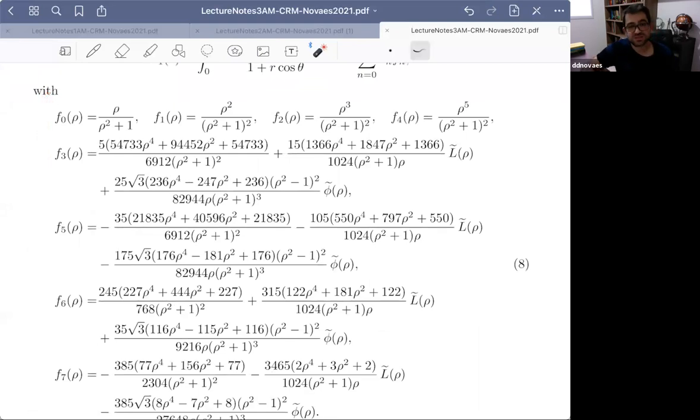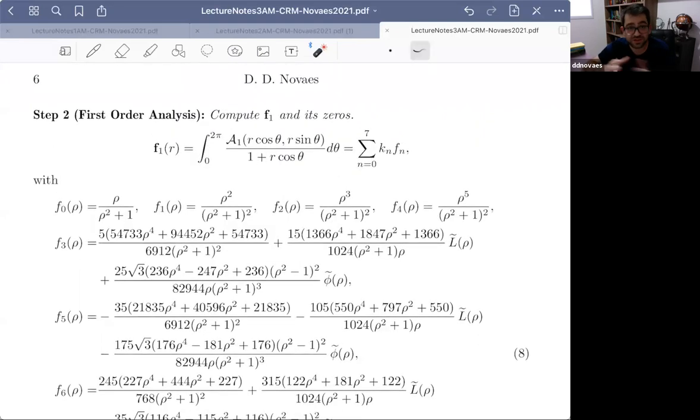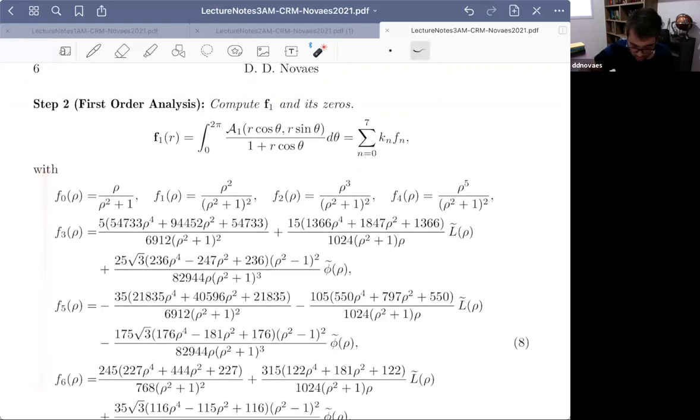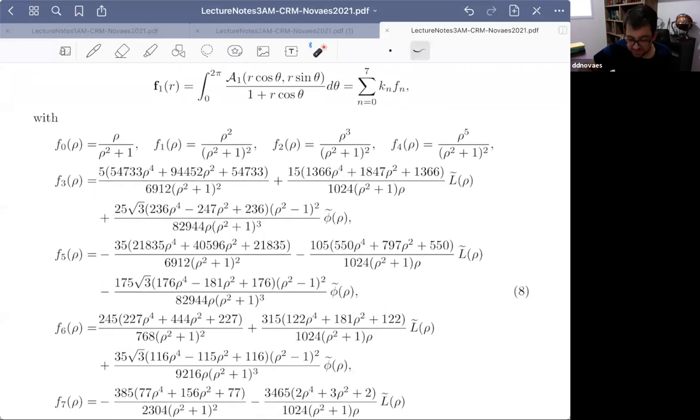You can see that when you change the example you are considering, if we consider things more complicated than the linear center, then the functions you obtain start to be more complicated.